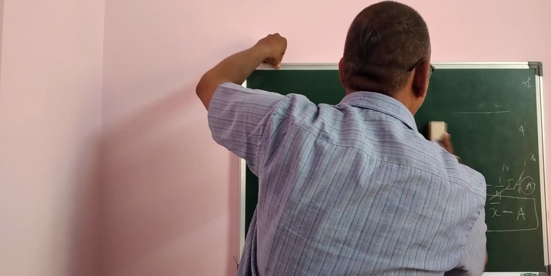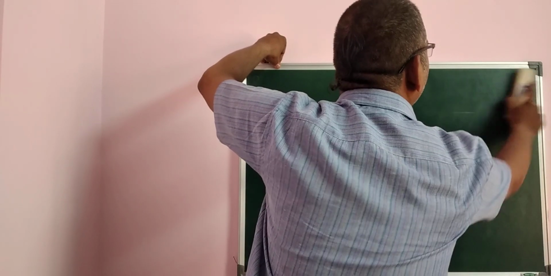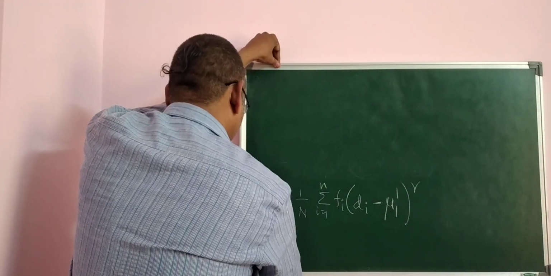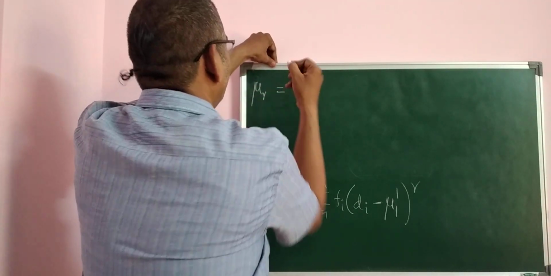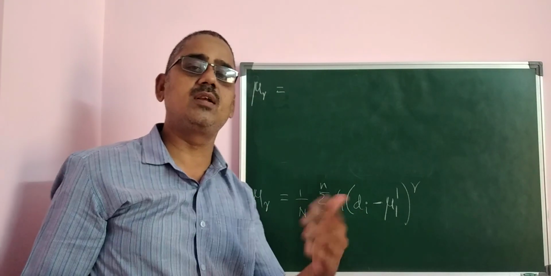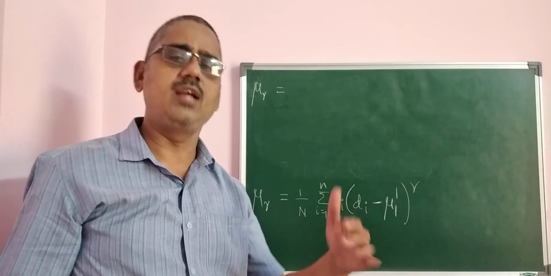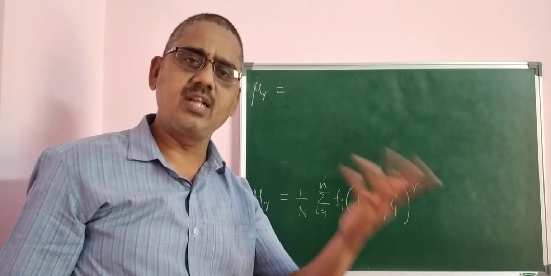This is what mu r gives us, and I want to expand it by using the binomial expansion. This is just like the binomial expansion: a minus b whole power r, x plus y whole power n, x minus y whole power n.